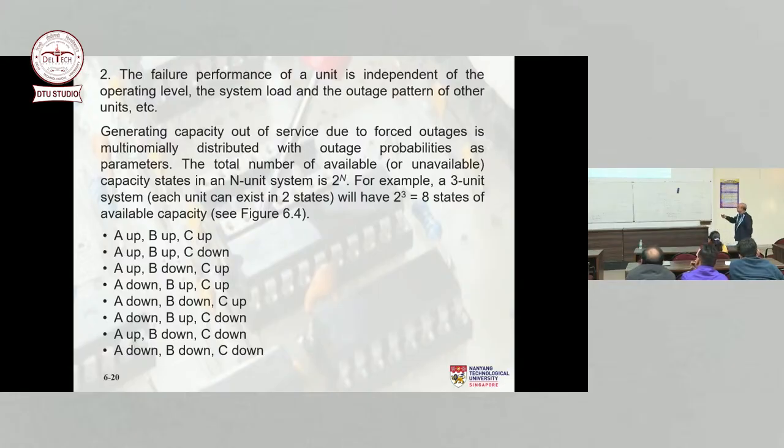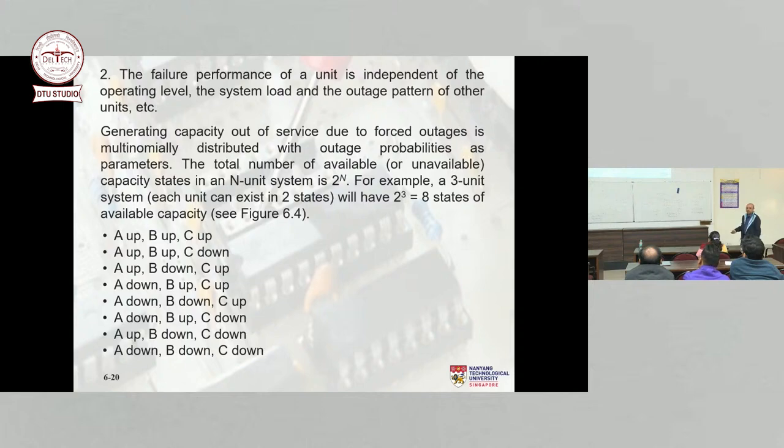Okay. So generating capacity out of service due to forced outages is multinomially distributed. Can be binomial if the generators are identical, but if they are not identical, then it is not binomial. And the total number of capacity states is 2 to the power of n.